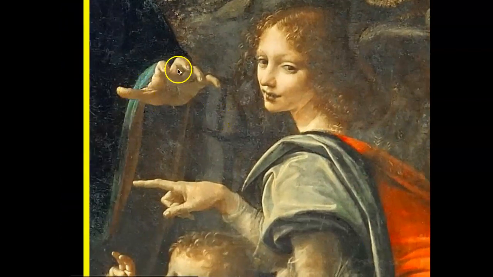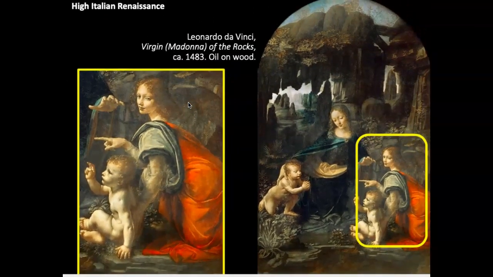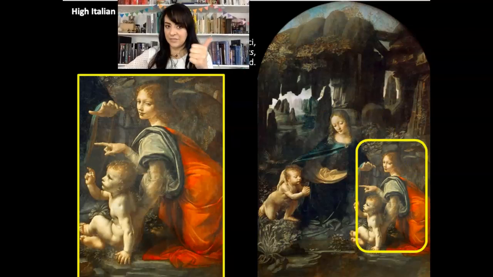Look at that beautiful hand of Mary modeled with chiaroscuro. So that's another characteristic, isn't it? Another characteristic of the Renaissance is chiaroscuro. So we have atmospheric perspective, chiaroscuro, and a balance of composition with a clear foreground, middle ground, and background.